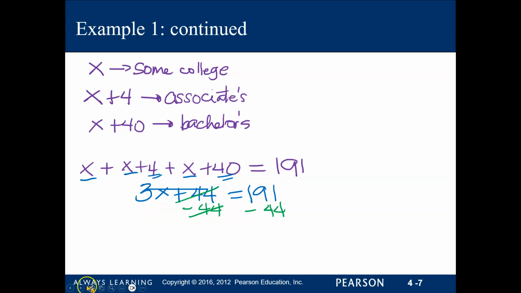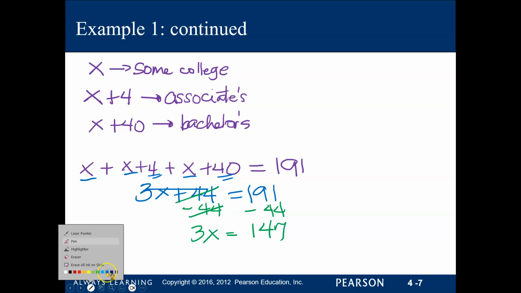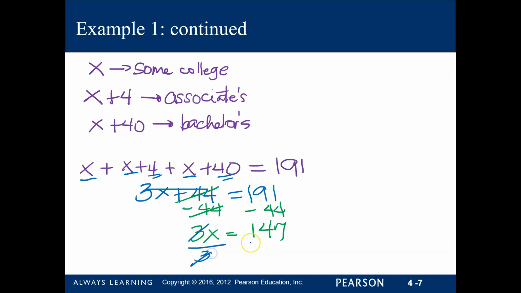And so now, we will get 3x is equal to 147. And we always want x to be by itself. And so we divide by 3, and so we will get x to be equal to 49. All right? So the value of x is 49.